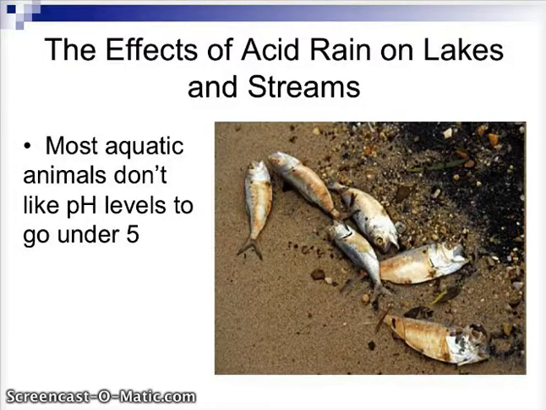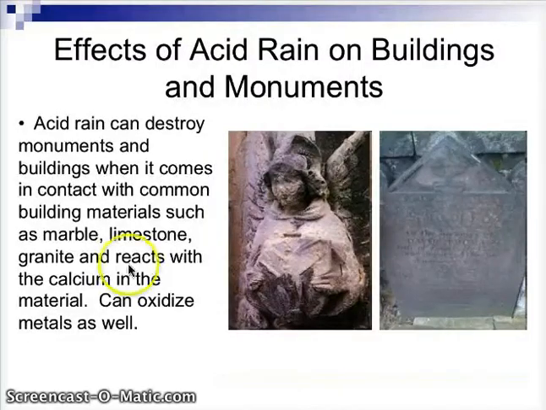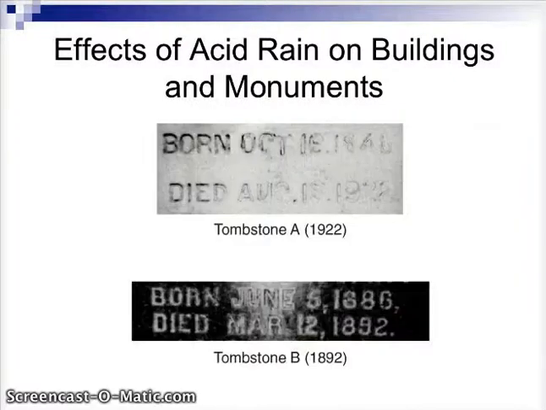And of course, we have our buildings and monuments. Things like statues and gravestones. Well, things like marble and limestone typically break down much faster than other materials. Here's a great example. Here we have a tombstone, and you may recognize this picture from before our lab.